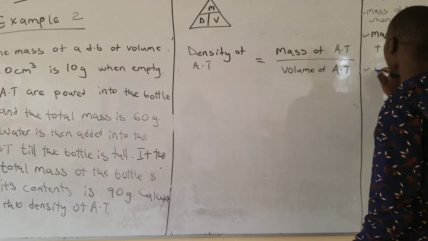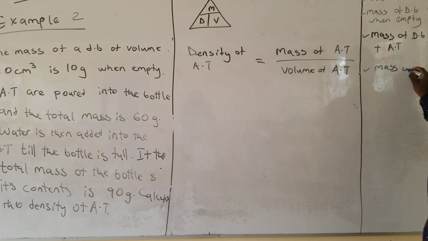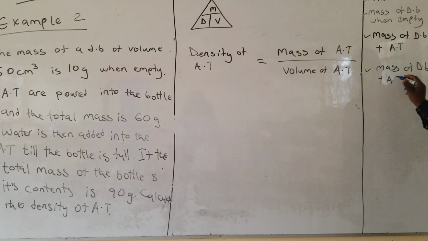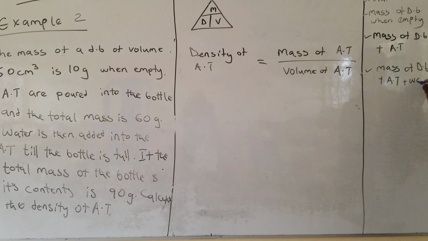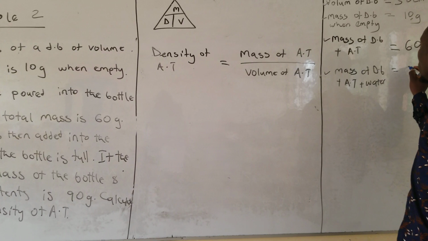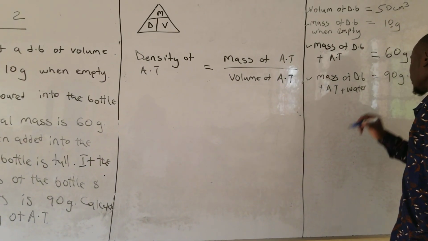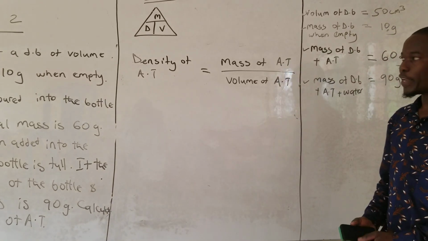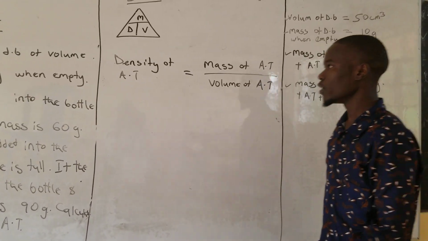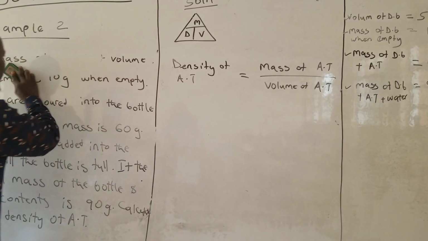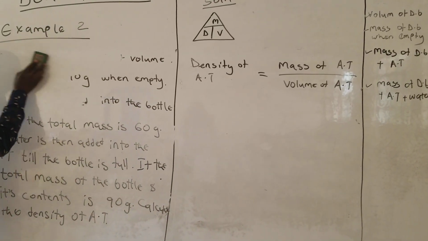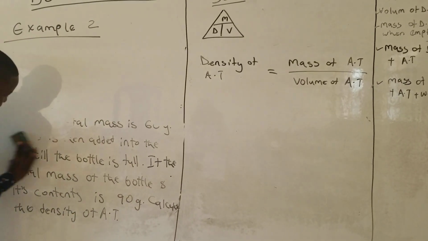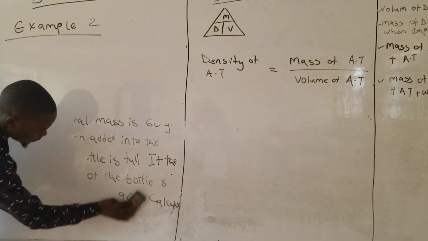From that, we get that the mass of the density bottle plus aluminium tannings plus water is now 90 grams. Now we want to calculate the density of aluminium tannings. This is the interpretation. Now let us go to our calculations. We can now delete this so as to do our calculation on the other side as well.